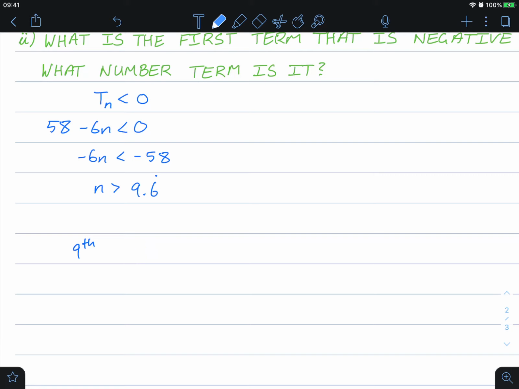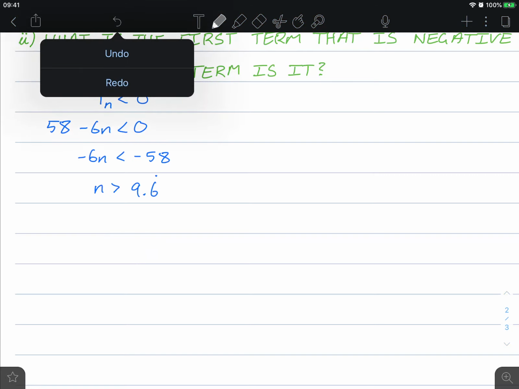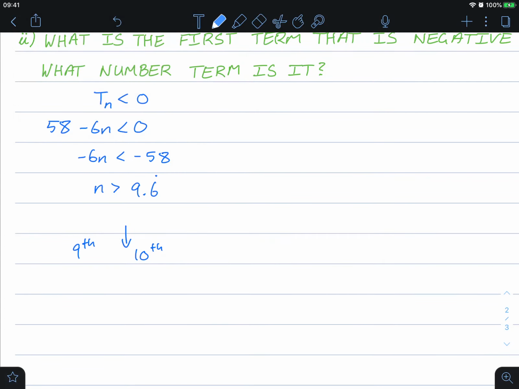So the closest one that would become negative, because if we go backwards, sorry, let's bring this back. According to this little quick graph that I drew, at this point here, 9.6, it is negative. If we go backwards, it'll no longer be negative.